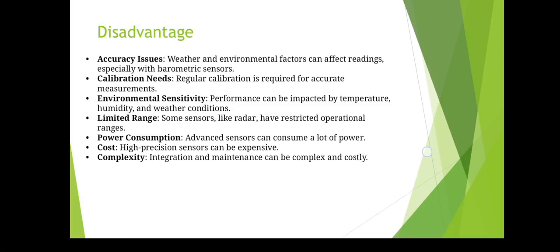Fourth is limited range. Some sensors like radar have restricted operational ranges. Fifth is power consumption. Advanced sensors can consume a lot of power. Sixth is cost. High precision sensors can be expensive. Seventh is complexity. Integration and maintenance can be complex and costly. So these are the advantages and disadvantages of altitude sensors.